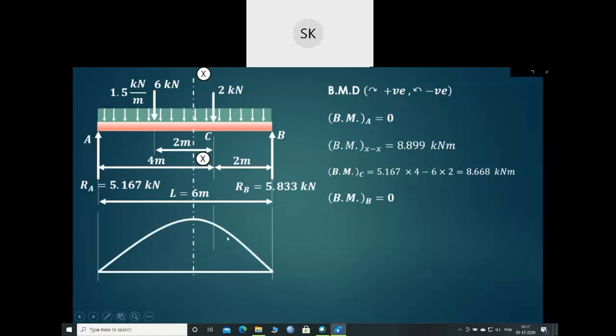As you can see over here, the bending moment at section XX is maximum, at 8.899 kilonewton meter. Then at C it is 8.668, and at the ends it is 0. So the beam will get bent in this particular fashion, as indicated by this bending moment diagram. Thank you very much for watching.